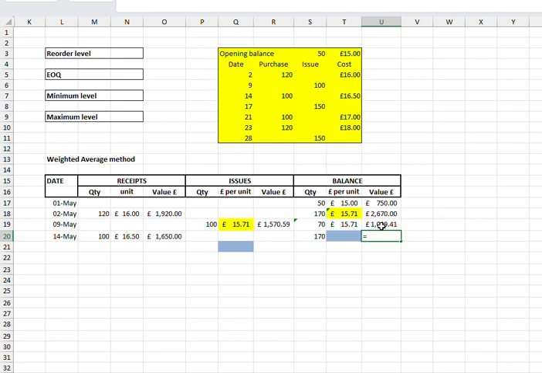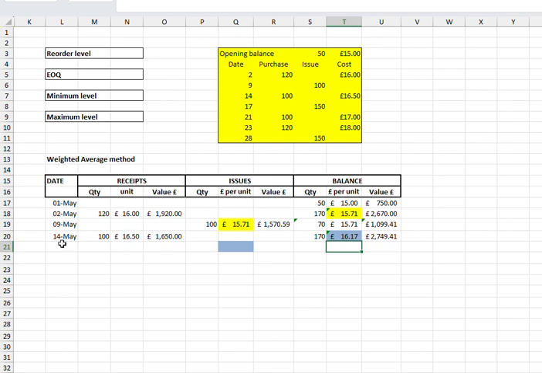Take your value before 1099 and add on the receipt value. And then calculate your new average, weighted average, by taking your value and dividing it by your quantity. So the weighted average cost per unit has gone up to £16.17 because of the increase in the cost of the materials.